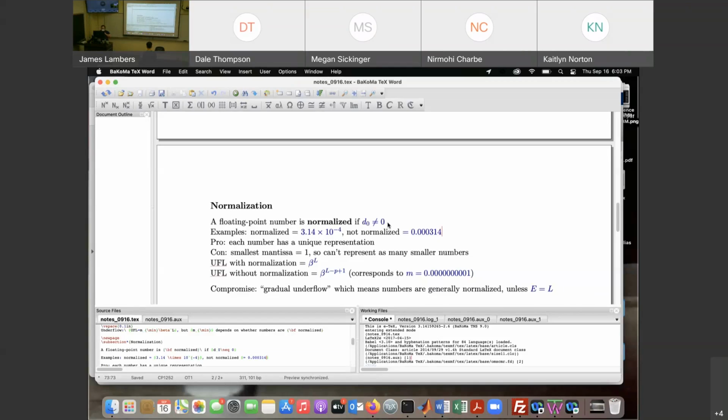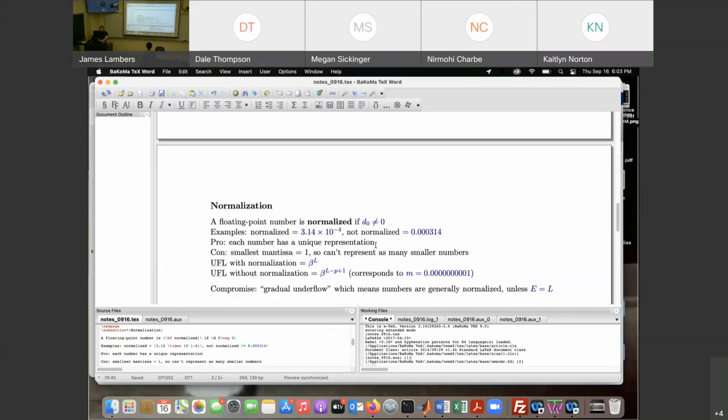So normalizing in binary has the extra advantage. I'll write that down here. You get an extra digit of precision. But because the smallest allowed mantissa is now equal to 1, then it limits how small the numbers are that you can represent.